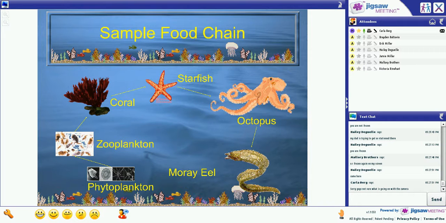All right, so here is a sample food chain from a coral reef. Go ahead and take a look at this for a second, and then I'm going to ask you a couple of questions about it.